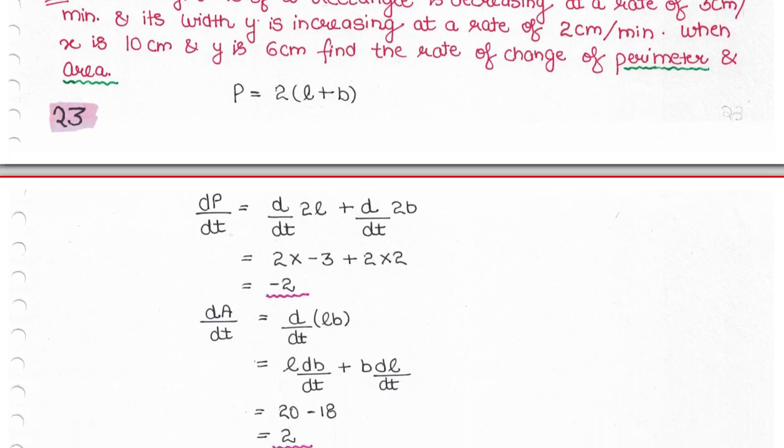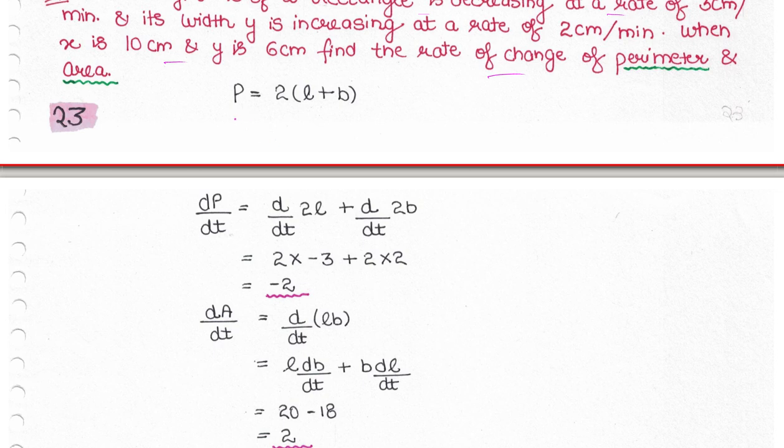Now the length x of a rectangle is decreasing at a rate of 3 cm per minute, and its width y is increasing at a rate of 2 cm per minute. When x is 10 cm and y is 6 cm, find the rate of change of perimeter and the area.